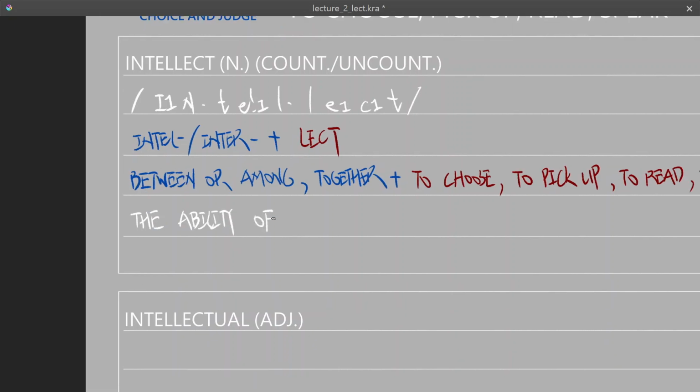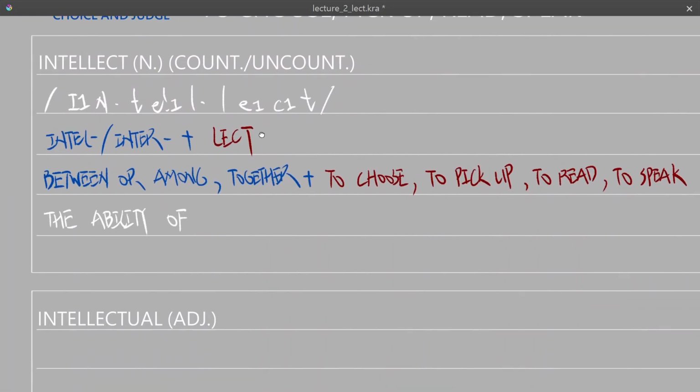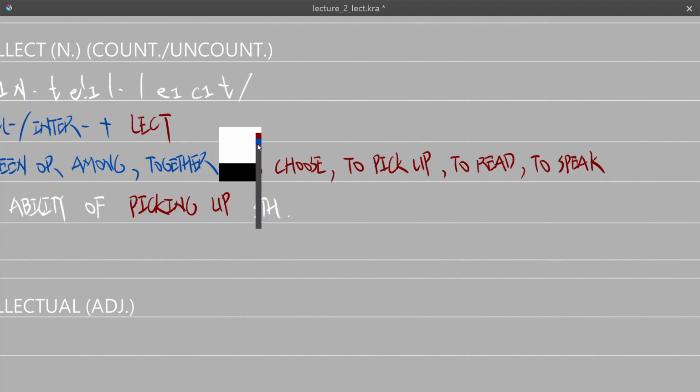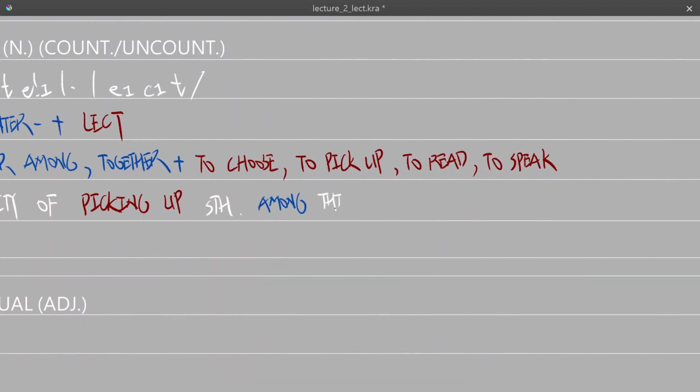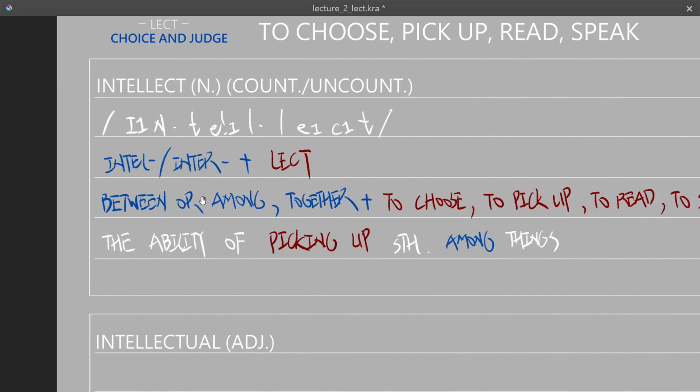The ability of picking up something among things. Good. Intellect.